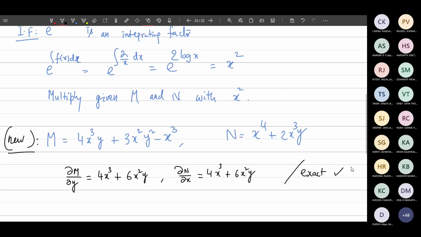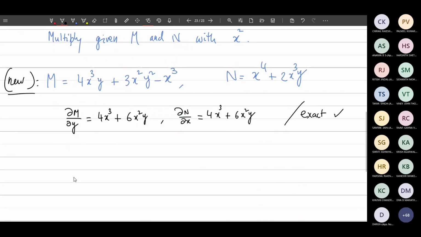So the moment the reduced equation is exact, the solution is integral m dx plus integral the terms in n without x, that is n dy, is c. Solution is same moment the equation is exact.